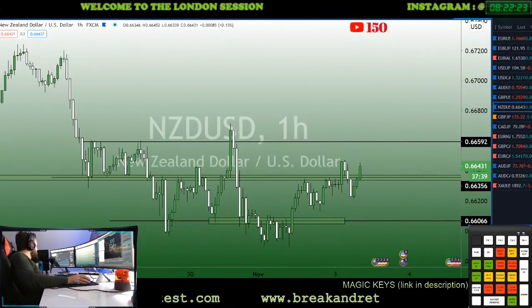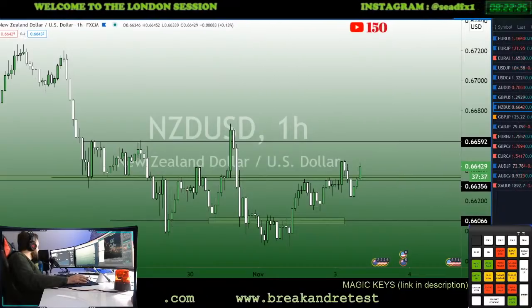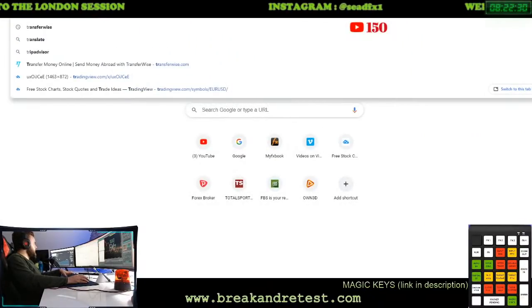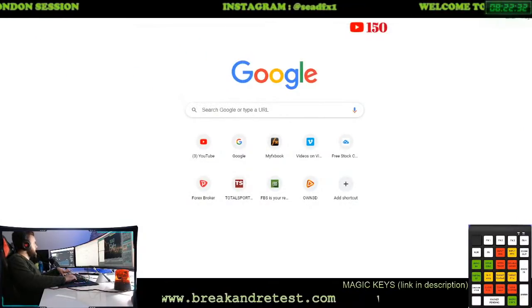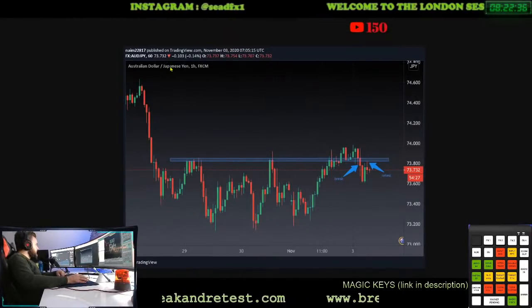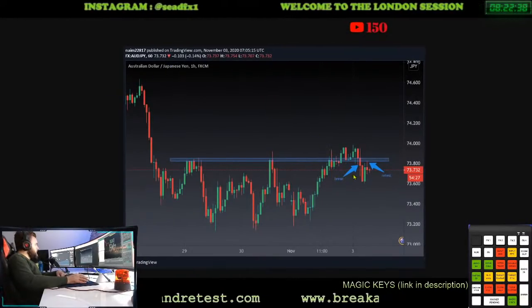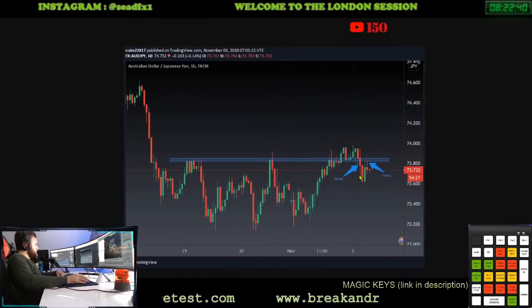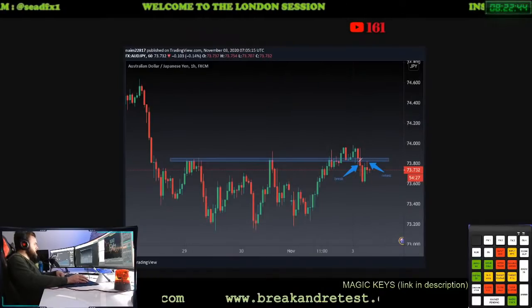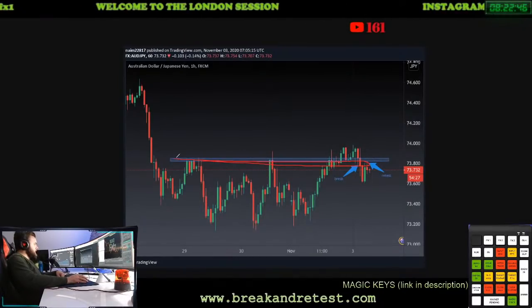Okay, let's take a look at this chart here. AUD JPY break. I guess this would be a better break, because I don't know if I would take that as a break.